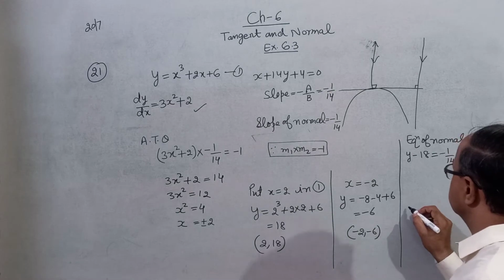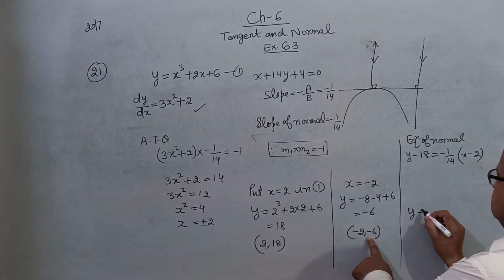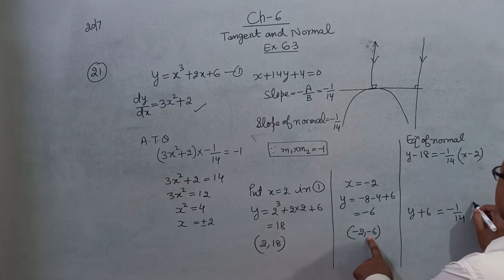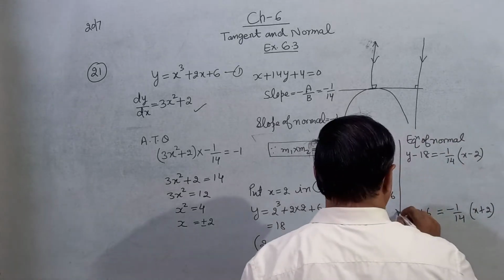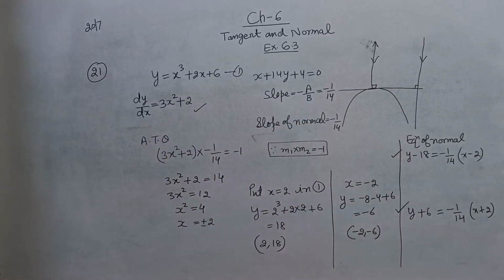And the second equation, with the help of this point, y minus y1 is equal to minus 1 by 14 x plus 2. These are the two equations of the normal. Correct? This is the solution of this question. Clear?